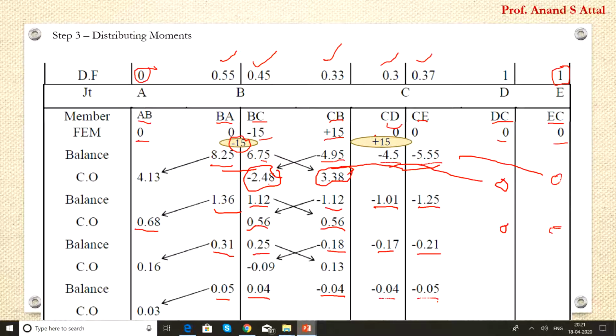Remember that at the time of closing, always end the distribution of moments with a balancing step. Carryover is taken only on a fixed support. Here we have not carried over 0.02, and from here also 0.02. We just end here by balancing the moments.